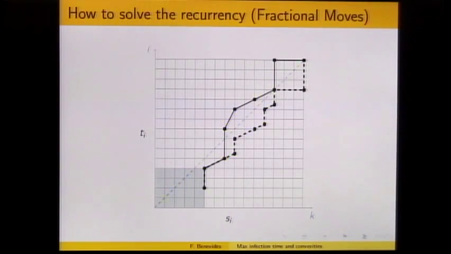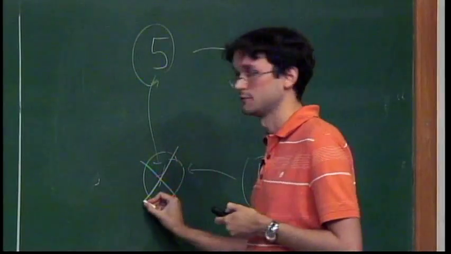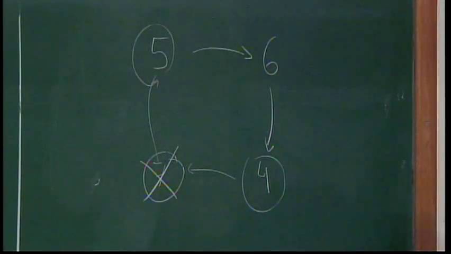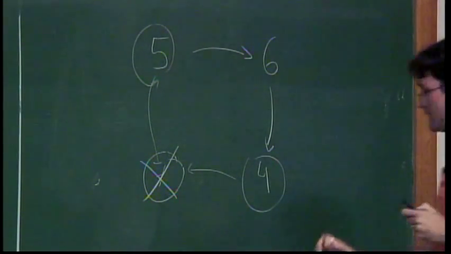But then we reflect, we find some other sequence that takes at least as long to infect the whole thing. But this new sequence does not use one of those moves. So it doesn't use move 7, for example. Right? And then, okay, and then we are fine.